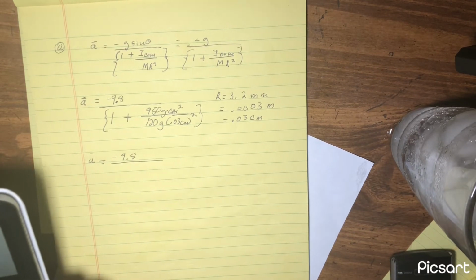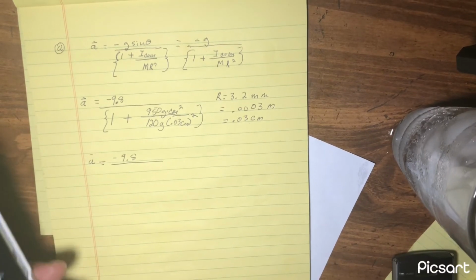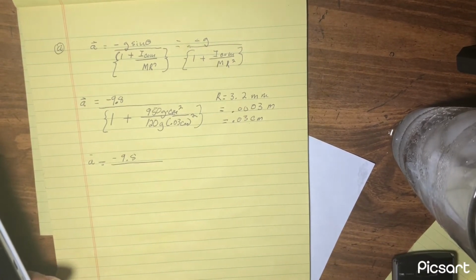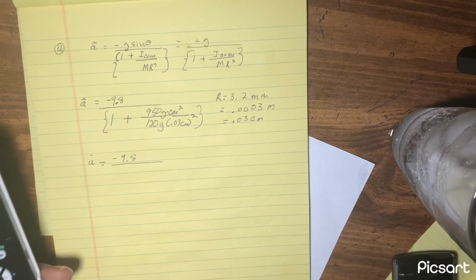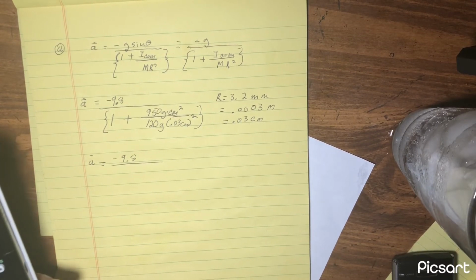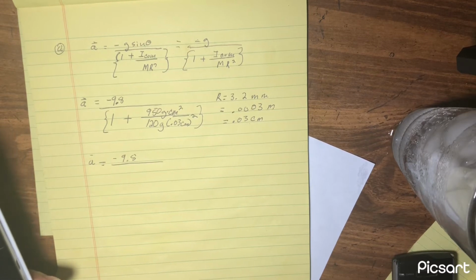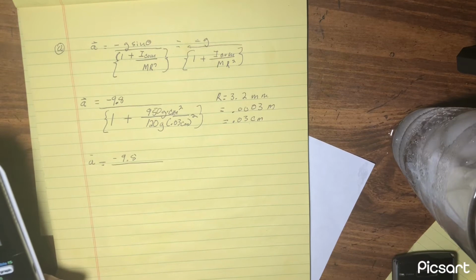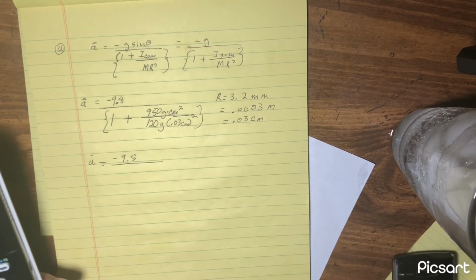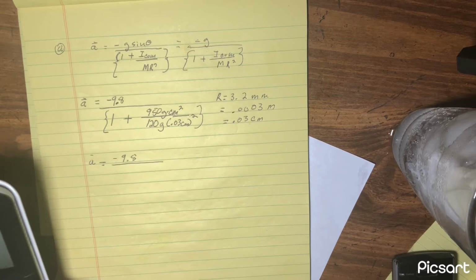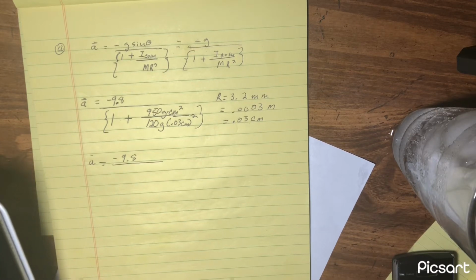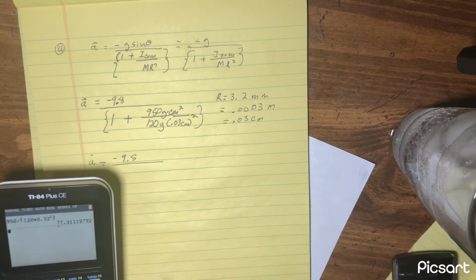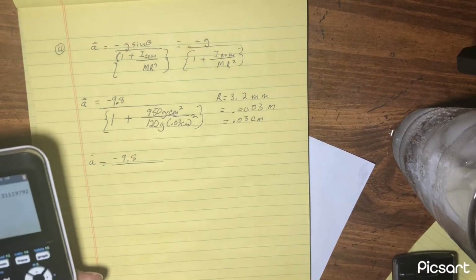Let's clear everything. 950 divided by 120 times 0.32 squared is equal to 77.3 plus that 1 over there.